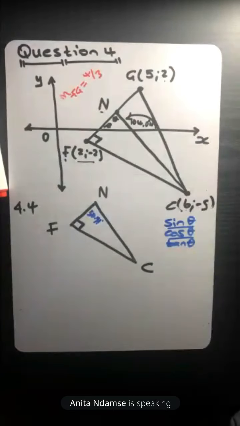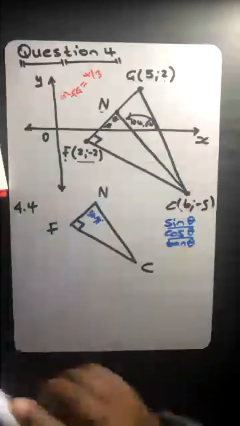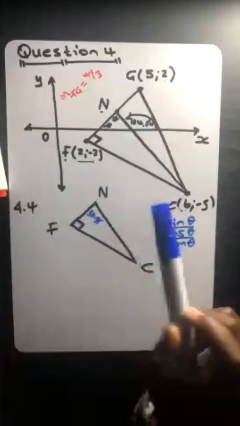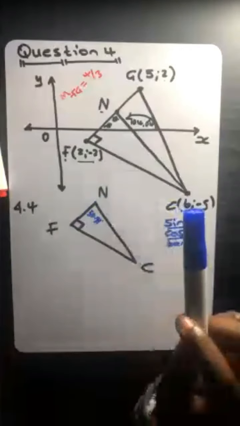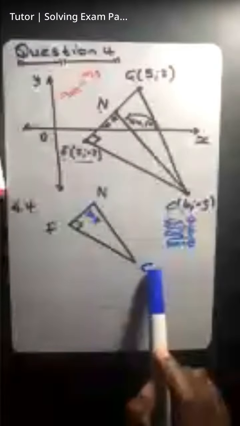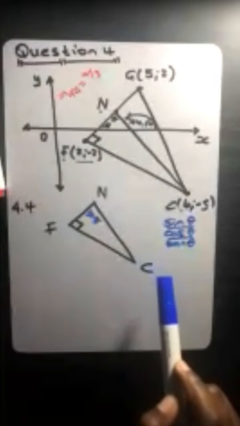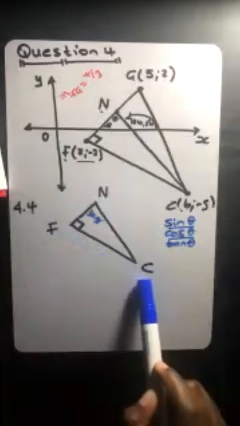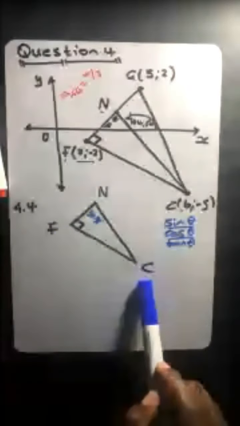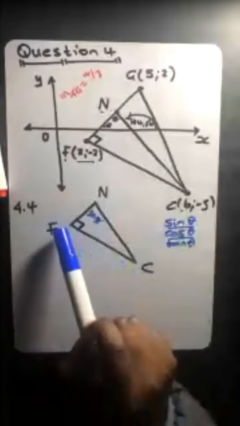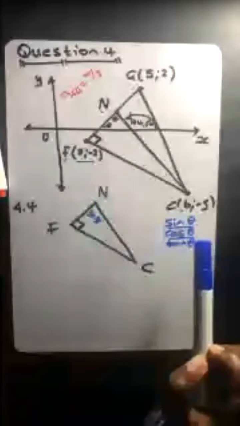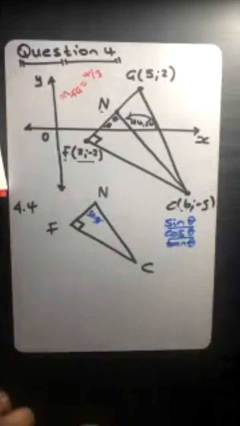NC is the hypotenuse. Then FC is the opposite side, and FN is adjacent.